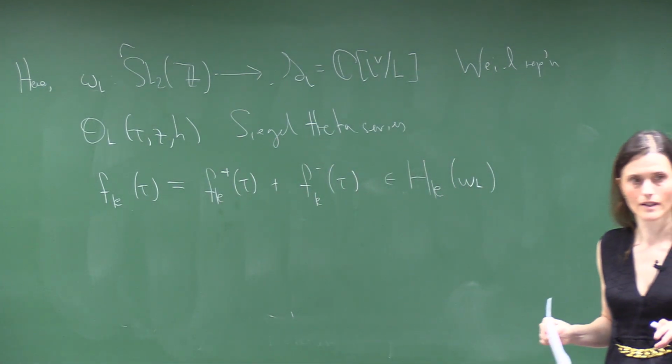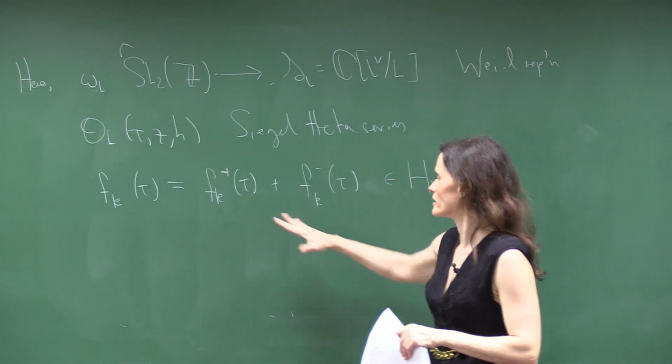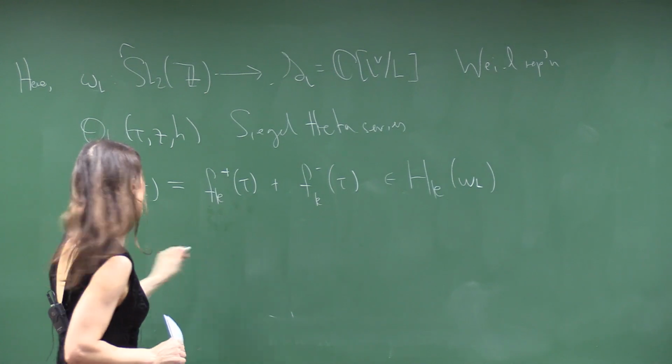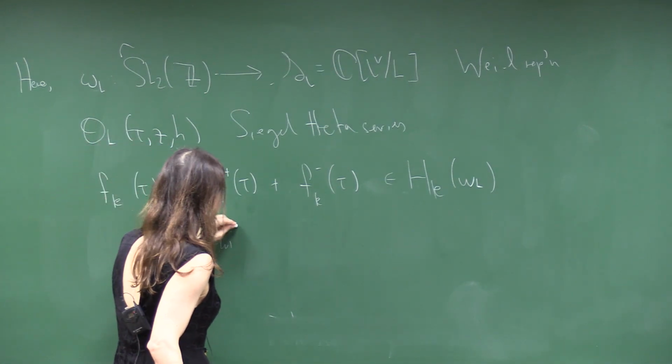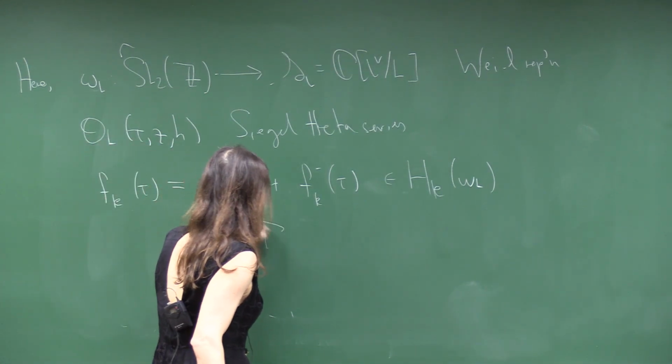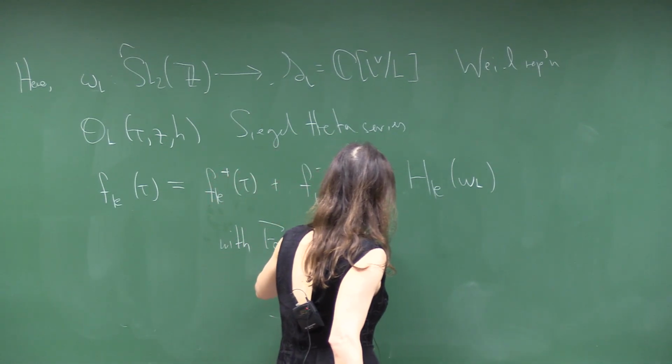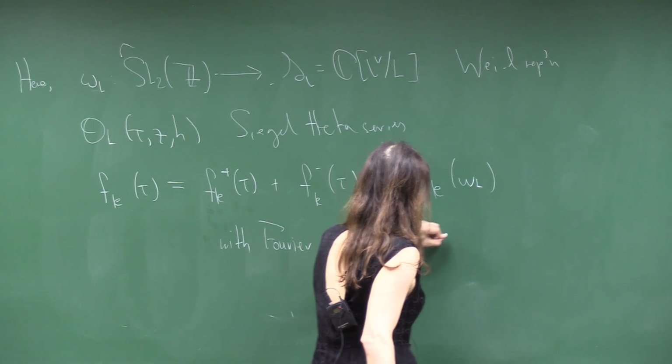That property leads to a decomposition into a holomorphic part, which is really what plays the major role in the arithmetic. Without writing down the Fourier series expansions, I just say, with Fourier coefficients of the positive part written in this way.